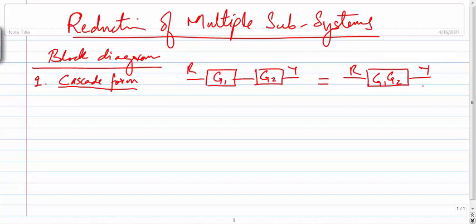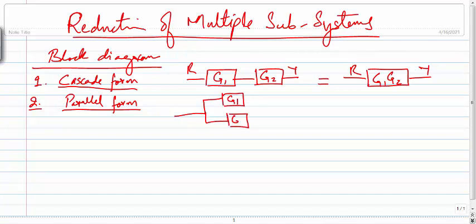Now the next one is the parallel form. In parallel form, we normally have a single input going to different blocks, and then the output is combined.